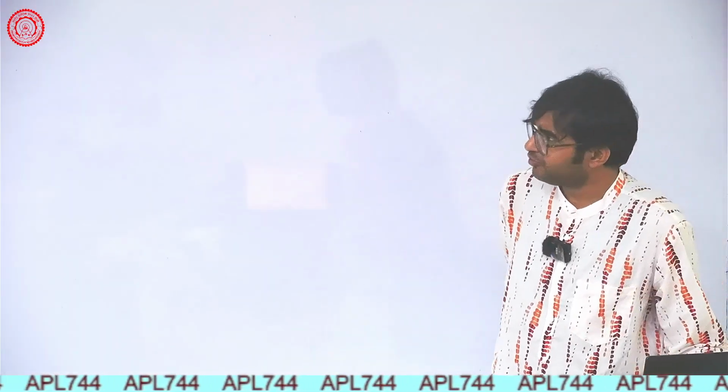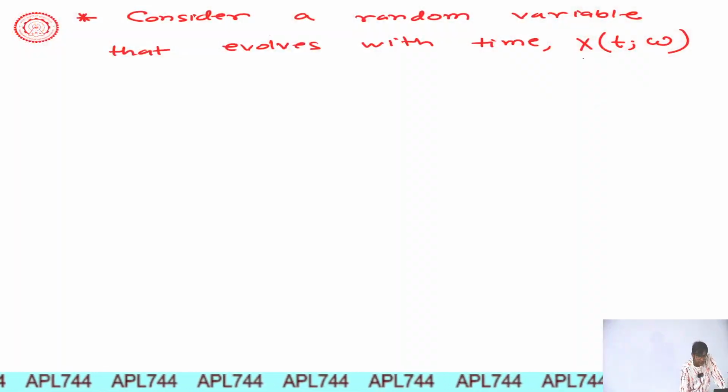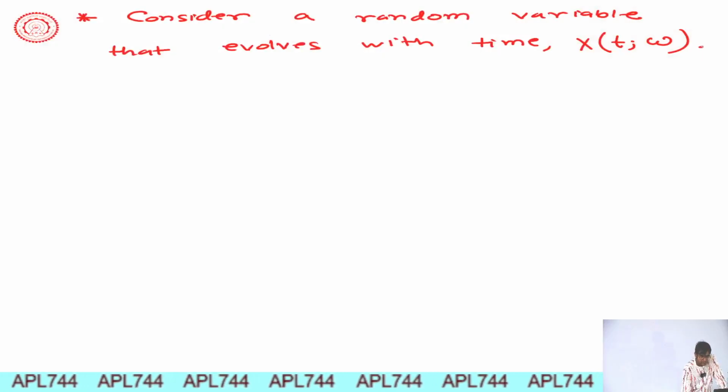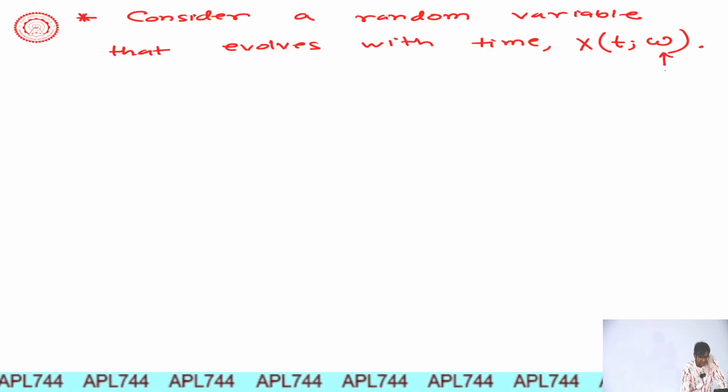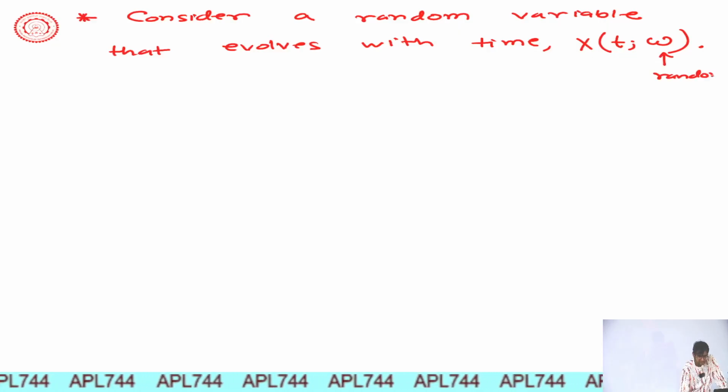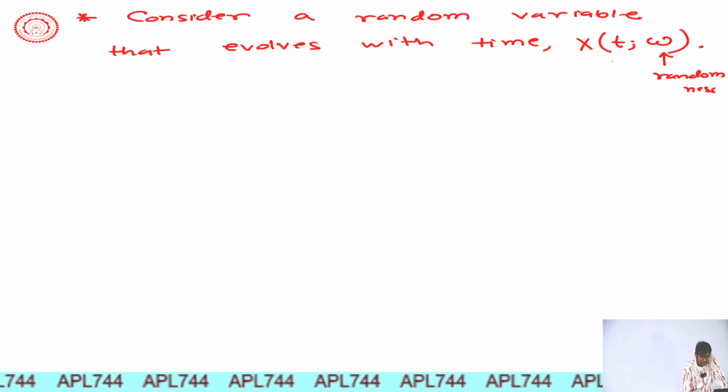Okay, t can be x also, it will still be a random process, or random field is another name that is used, but it is still the same. So the idea is that X is not only random, omega denotes that it is random, but it is also a function of time, and that is denoted by the t being there in the bracket. Okay. So basically this indicates randomness, and this indicates time.